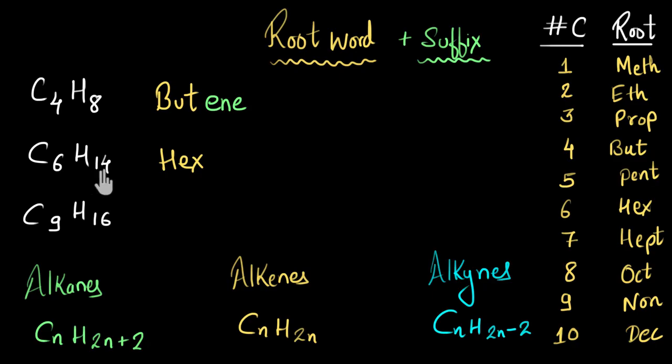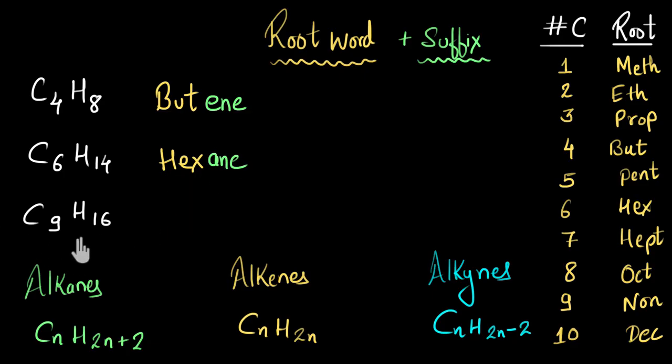If it is 2 more than twice, then it will be alkane. And if it is 2 less than twice, then it will be alkyne. Here I see that 6 2s are 12, but this hydrogen number is 14, 2 more than 12. And 2 more than twice is alkane. So this is an alkane molecule, and therefore the suffix is going to be -ane. So this compound will be hexane.